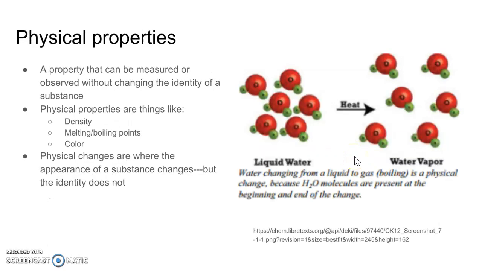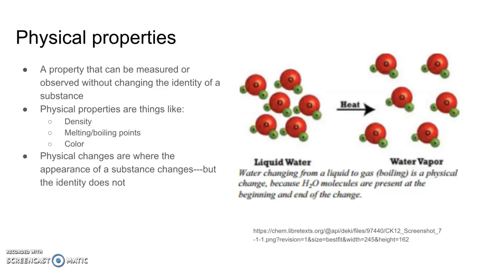All right. So, physical properties. A physical property is just a property that could be measured or observed without changing the identity of the substance. So that's something like density. You can measure density pretty easily. You just take the mass, you take the volume, awesome, you figured out the density. Melting and boiling points. You haven't changed the identity if you're figuring out the melting or boiling point.